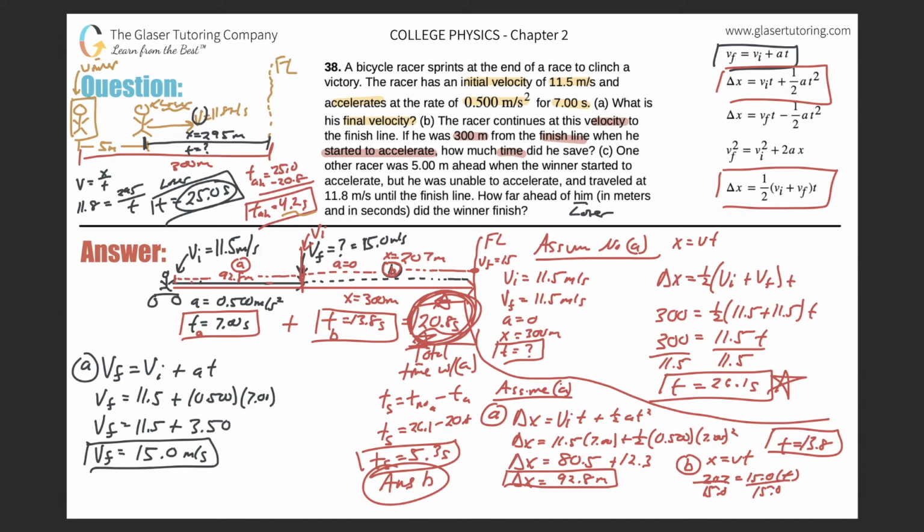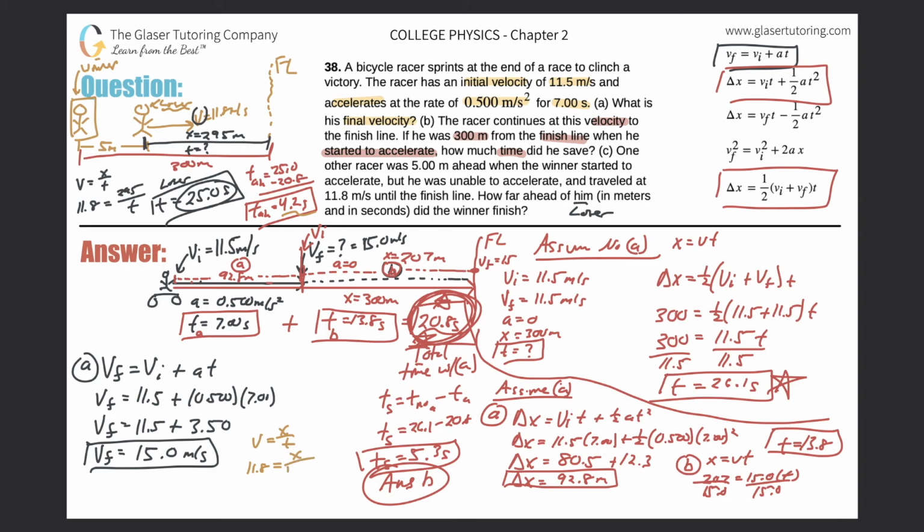So now, in order for me to figure out how far behind the loser is, I can just use a simple v equals x over t formula. I'm running out of space, so I'm going to do that down here on the bottom. Again, velocity is equal to displacement over time. I know the loser's velocity was 11.8 meters per second. I don't know the distance he still has to cover, but that's what I'm trying to find.